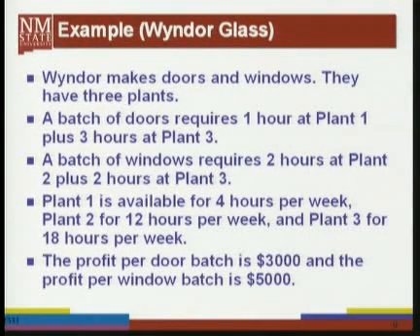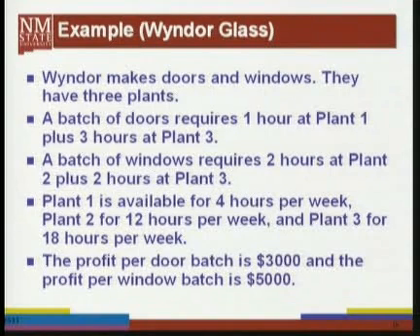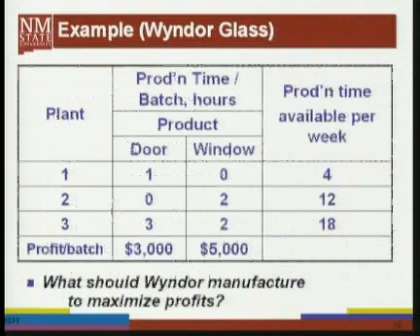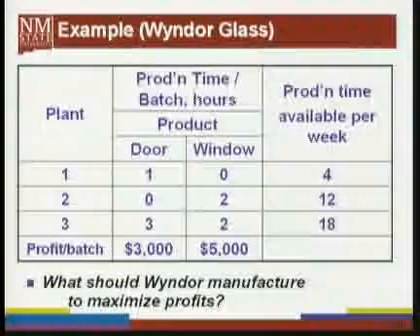And there are different time requirements for producing these two products in each plant. And each plant has a different capacity, which results in a different time schedule in each plant. Okay? And the profit per door and window is $3,000 and $5,000, and so on. And all the information has been summarized in this table.